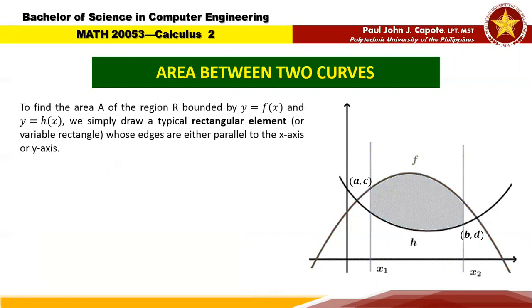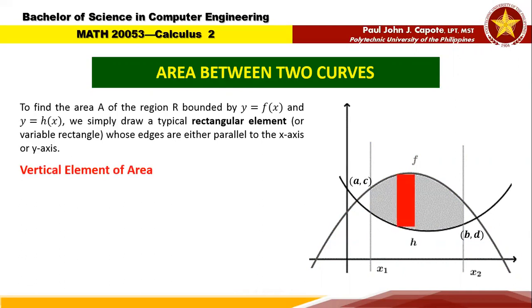To find the area A of the region R bounded by y equals f of x and y equals h of x, we simply draw a typical rectangular element, or other references would call it variable rectangle, whose edges are either parallel to the x-axis or y-axis.